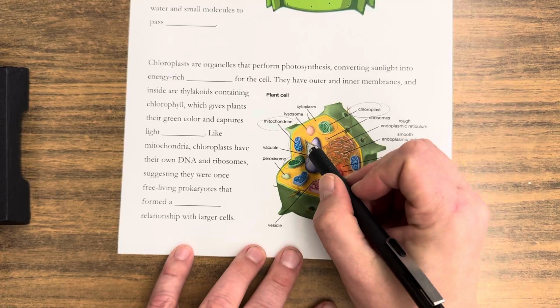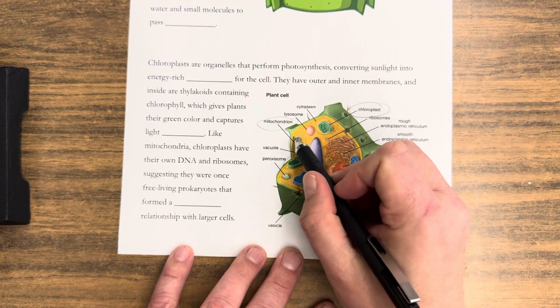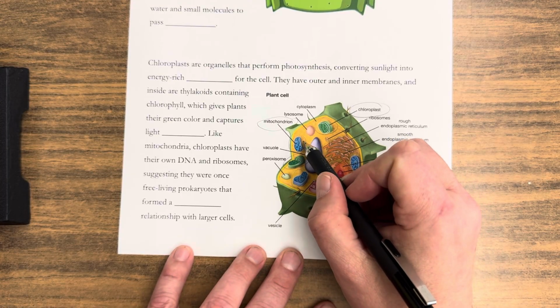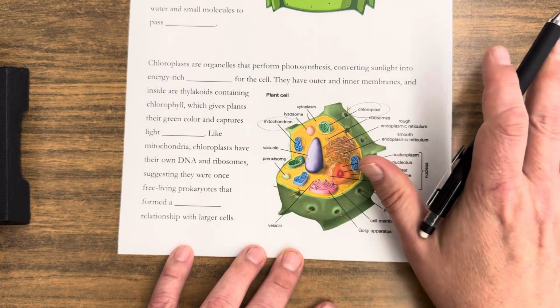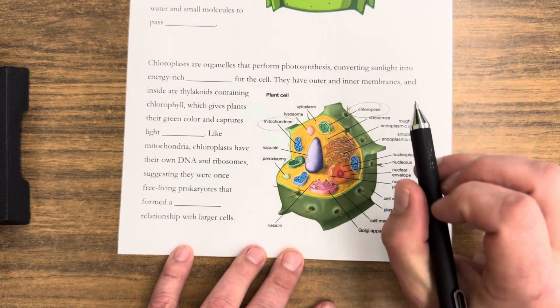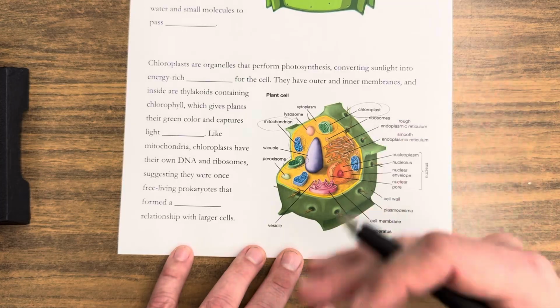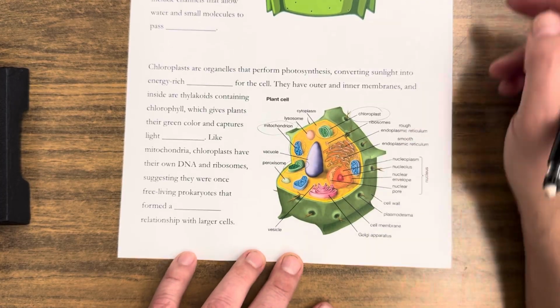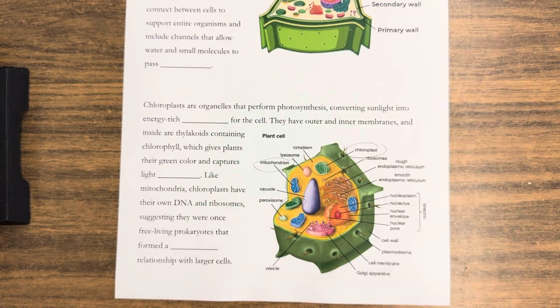Same thing we learned about the mitochondria. It appears as if the mitochondria were free-living on their own and were enveloped or formed a symbiotic relationship with other cells. Okay, that is just the very brief introduction to these organelles.